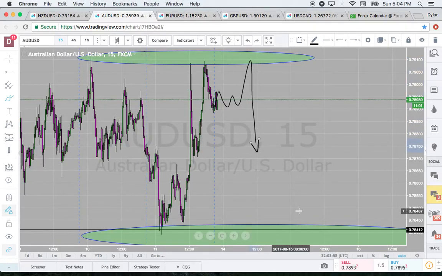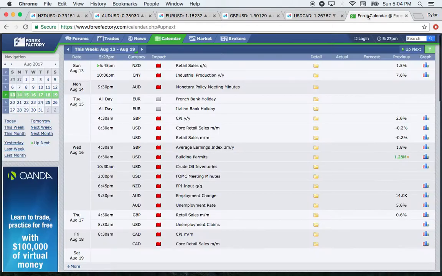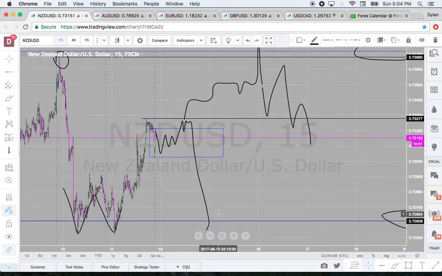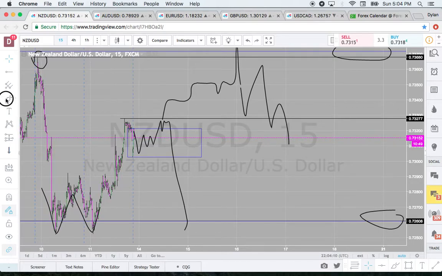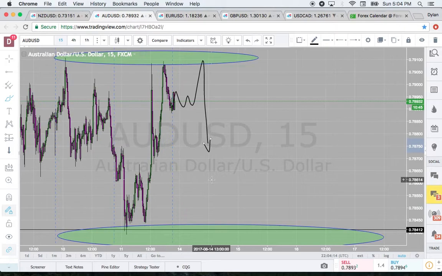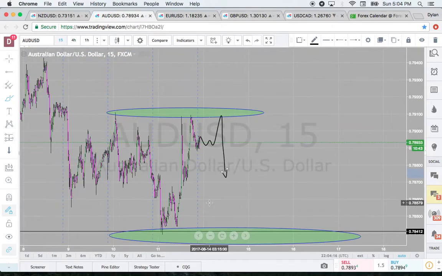Then it could drop in London session to the lows here, and a USD news event will bring price down to the lows.